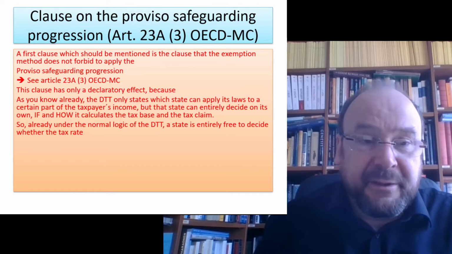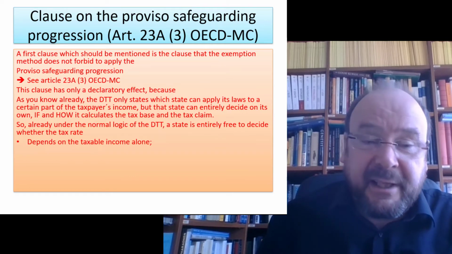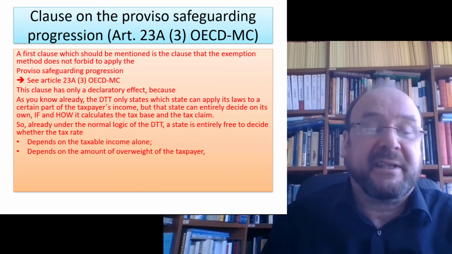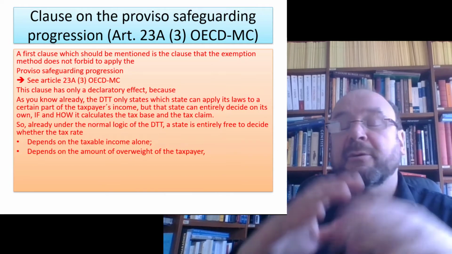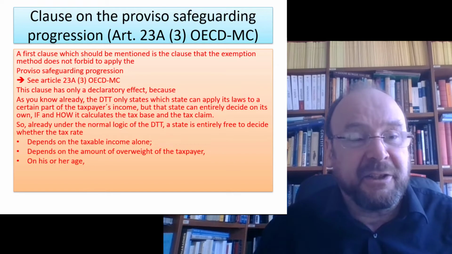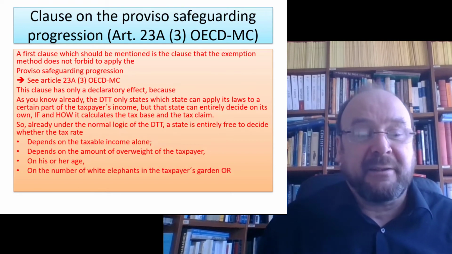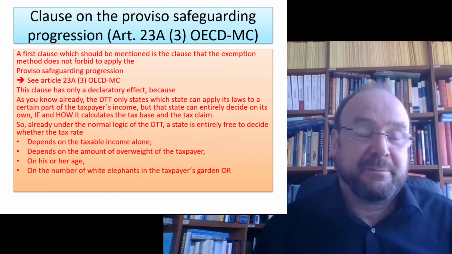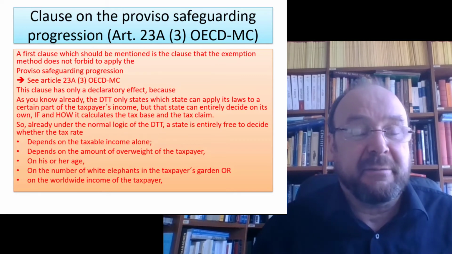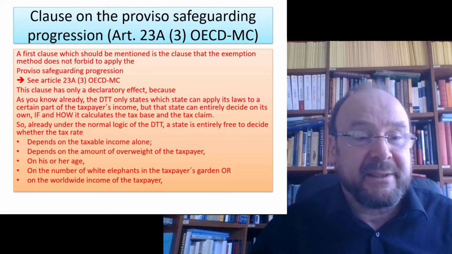You could say the tax rate depends only on the taxable part of the worldwide income. You could say the tax rate depends on the amount of overweight of the taxpayer, which is complete nonsense, but it would be allowed. You could make the tax rate dependent on the age of the taxpayer. You could say the tax rate depends on the number of white elephants which were seen last Christmas in the taxpayer's garden. Or you could also say the tax rate depends on the amount of the worldwide income of the taxpayer, including the tax-free amounts. So that is absolutely allowed.